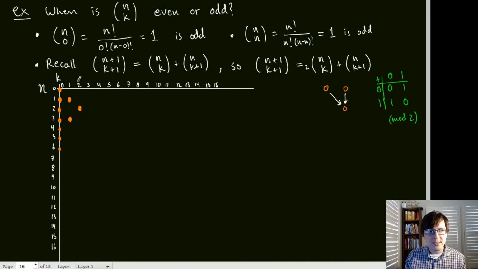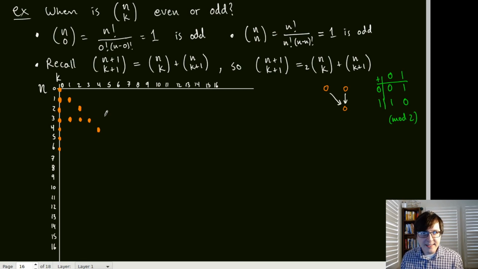The 3 choose 2 entry, that would be even plus odd is odd. And then again, odd plus even, odd. Now this one would be odd plus odd is even, odd plus odd is even, odd plus odd is even, odd plus even is odd.